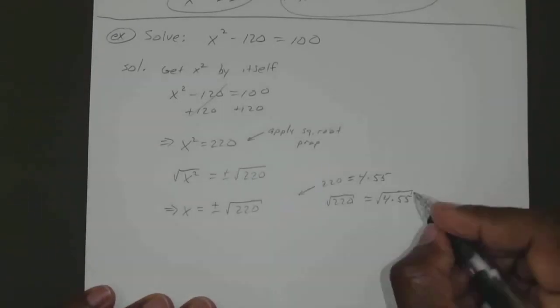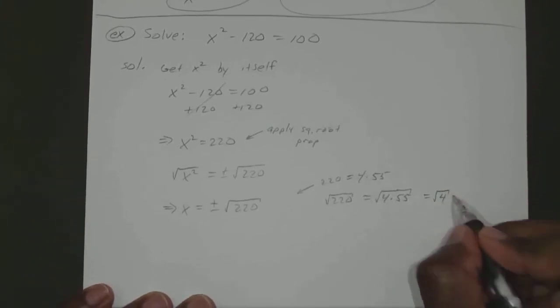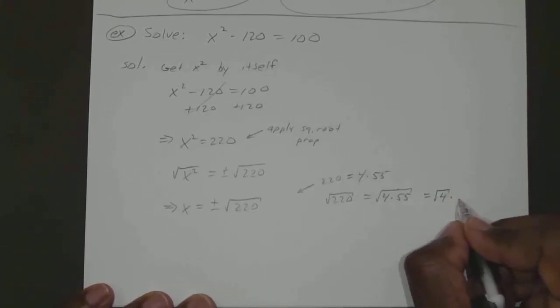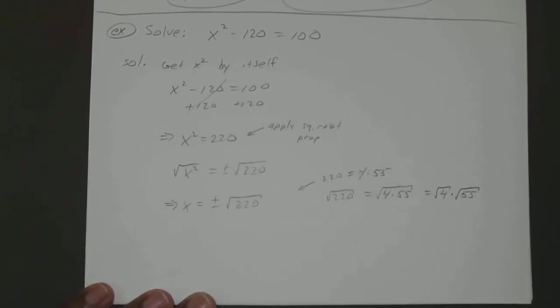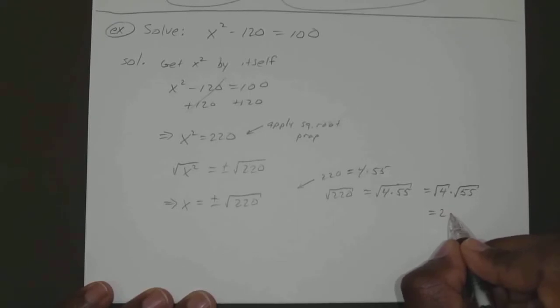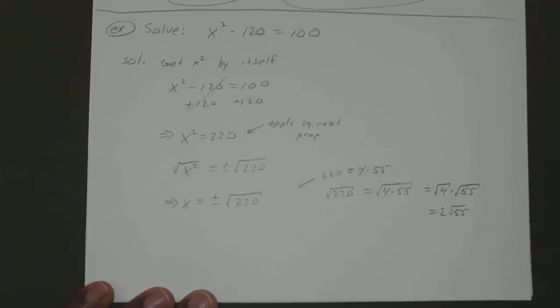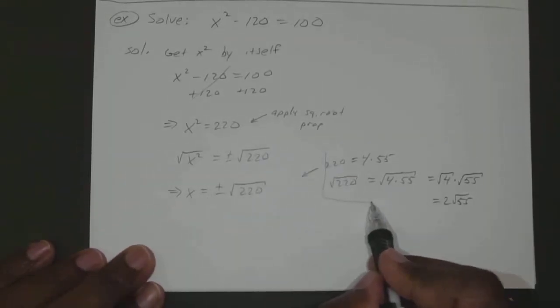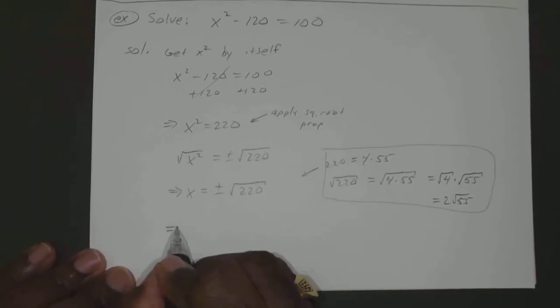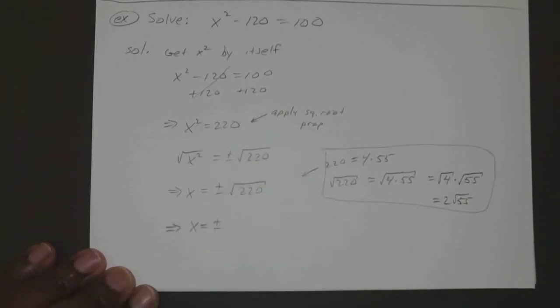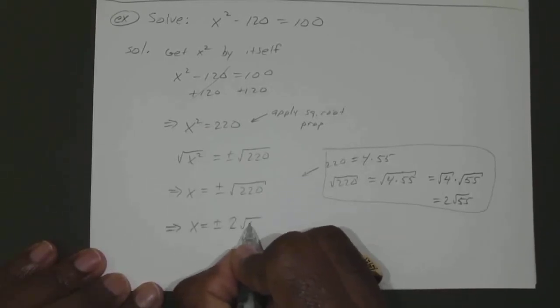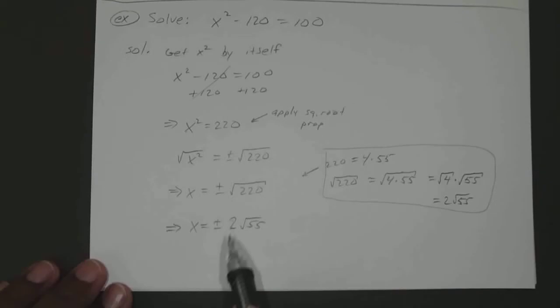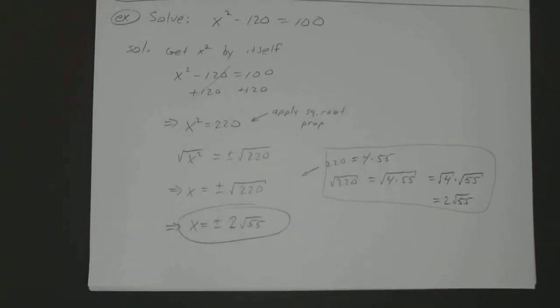So we go ahead and separate those two. So you have 2 square root of 55. This becomes x equals plus or minus 2 square root of 55. You can write it this way, or you can separate it if you want to.